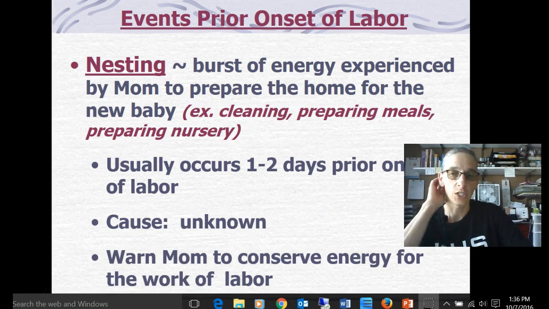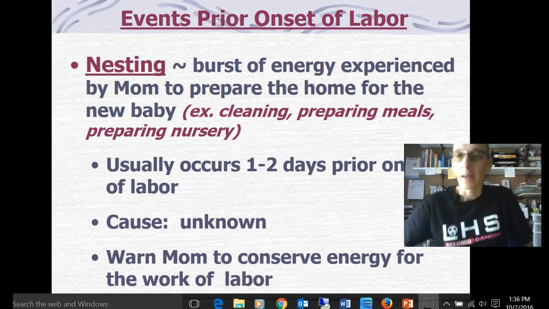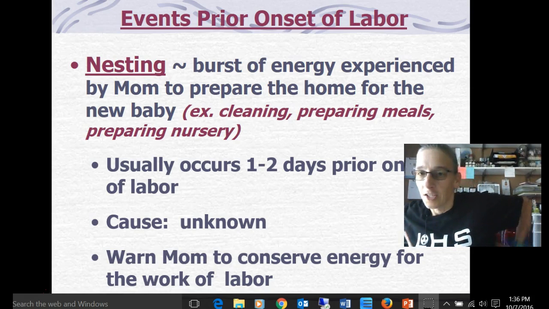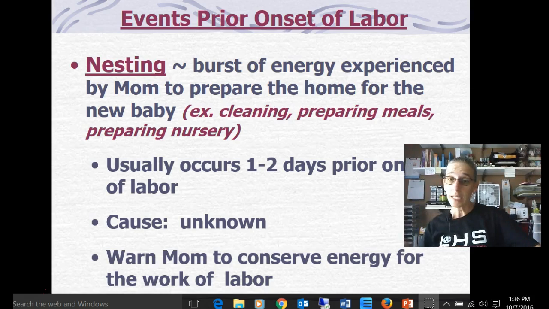But you want to make sure that you warn the mom that if this happens, she does still need to conserve some energy for the work of labor, because sometimes they will feel so energetic, they'll do lots of stuff. And then when it comes time for labor, they are just exhausted because they have cleaned the house up and down. They've done their spring cleaning in the middle of the winter or whenever this occurs for her.